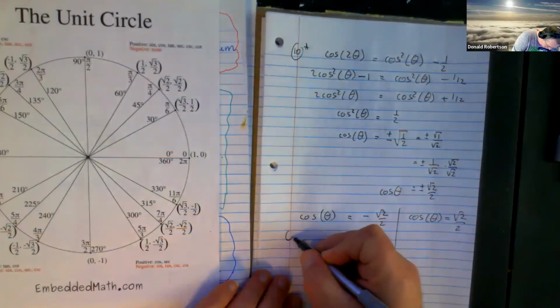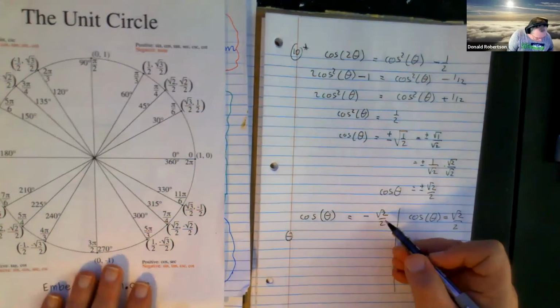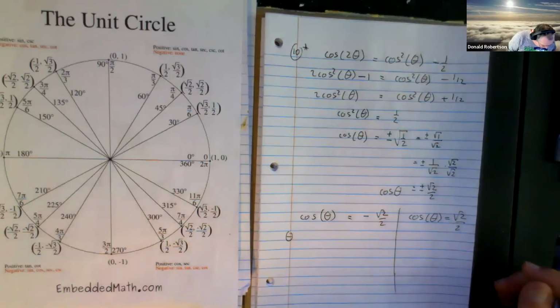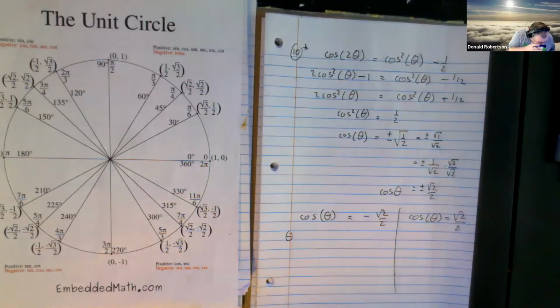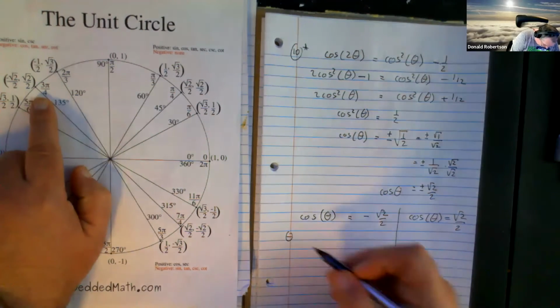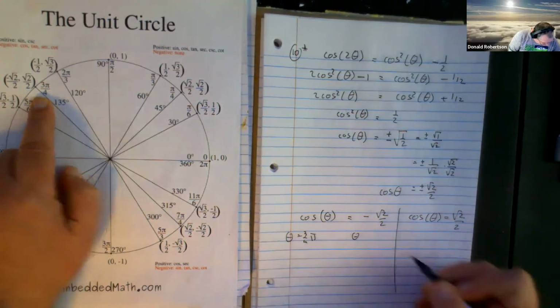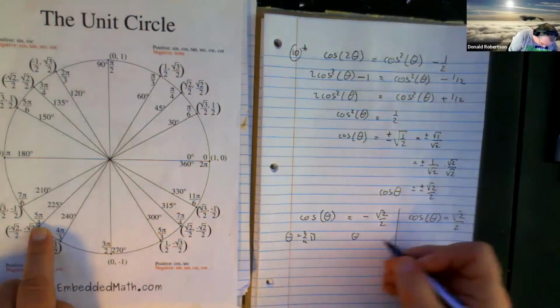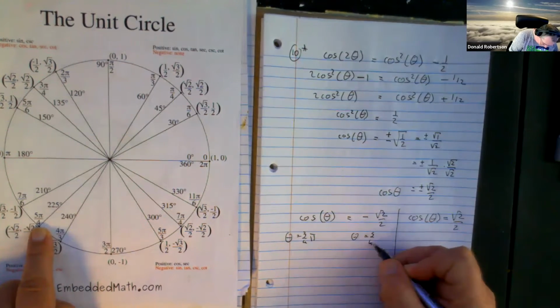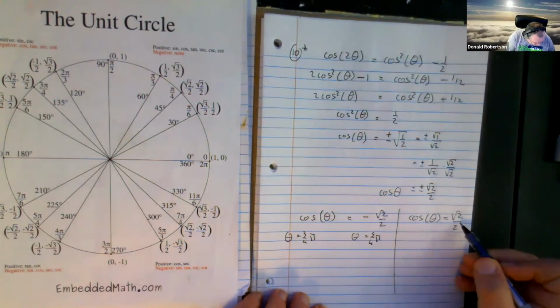I want to find when is the cosine negative root 2 over 2. And that's typically going to happen in 2 places. So I have a 3/4 pi. And I have a 5/4 pi. And I also want to do when is it positive?